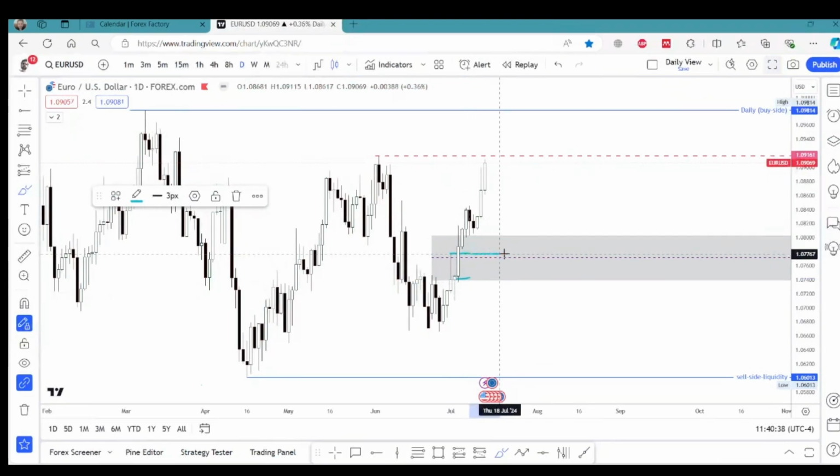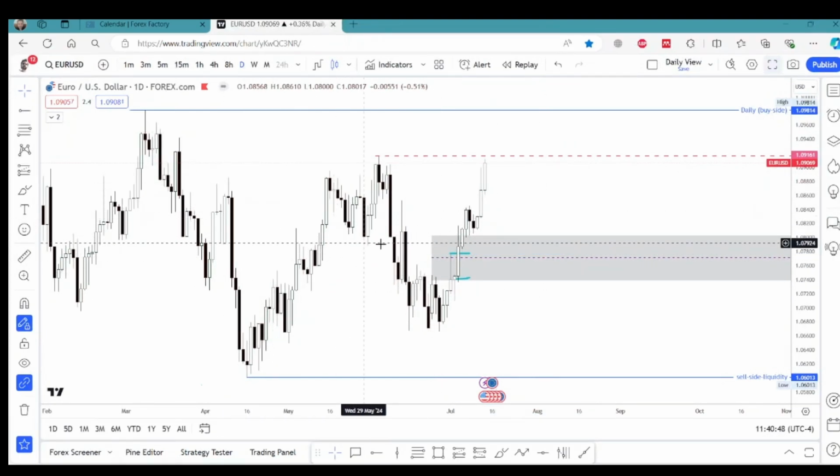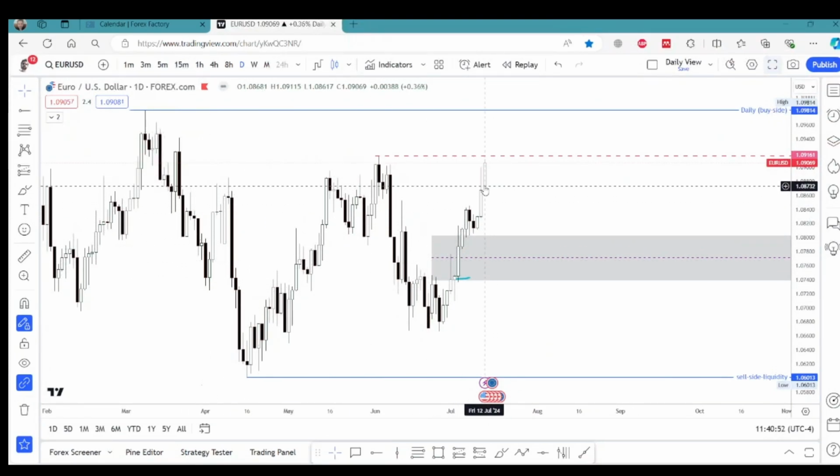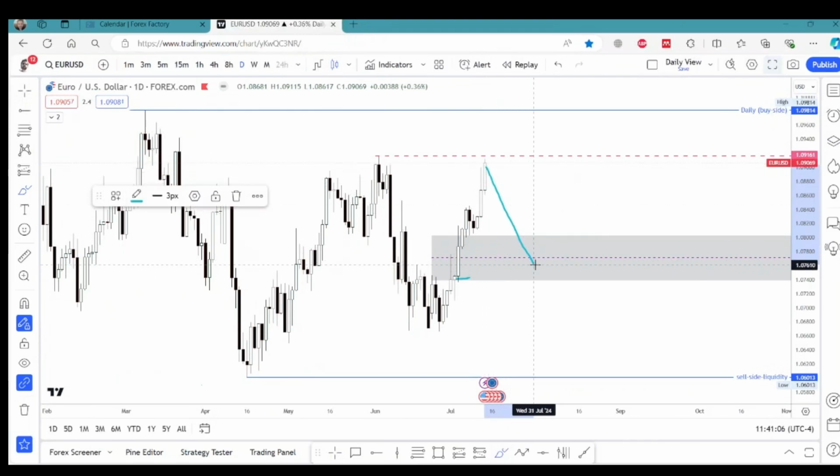So I'm going to extend this line, or we can even take the middle point of this weekly fair value gap. What I want price to do is come down, tap this wick, and see some rejection from the middle point of this weekly fair value gap. And this is what I think is going to happen.